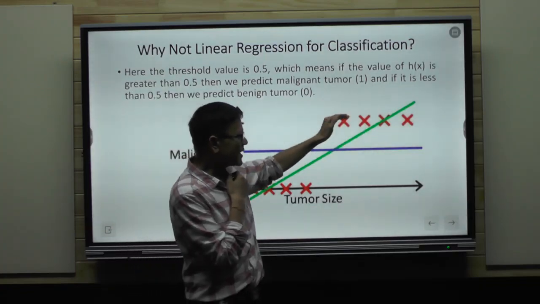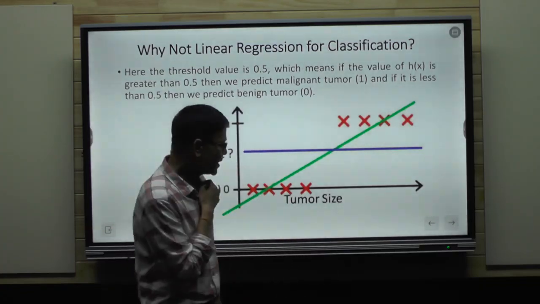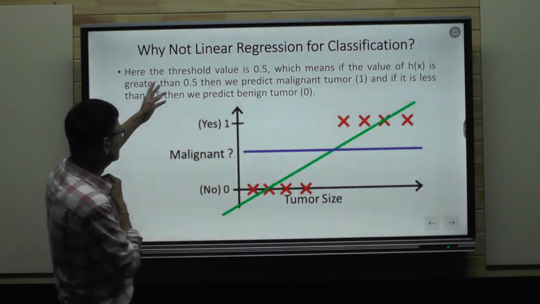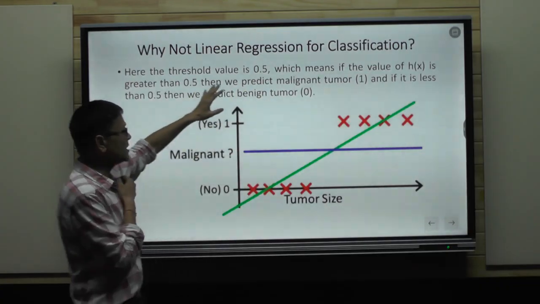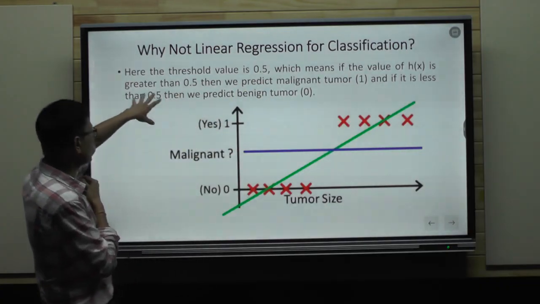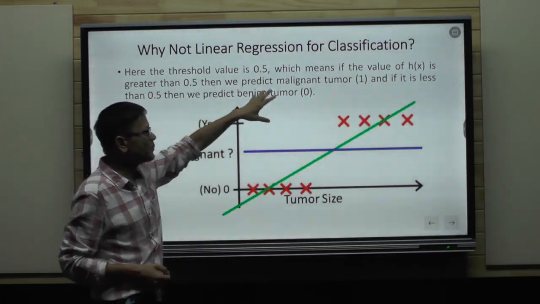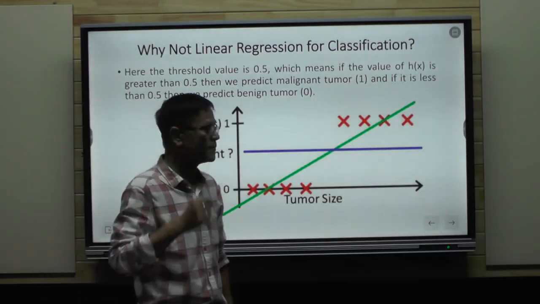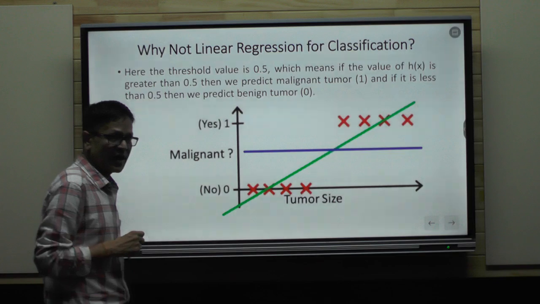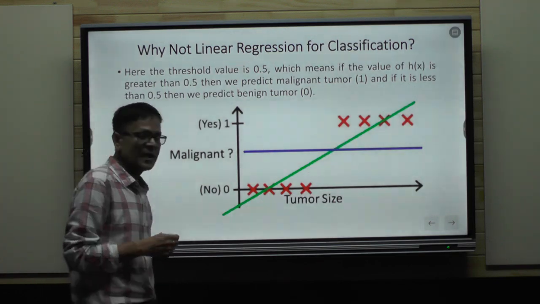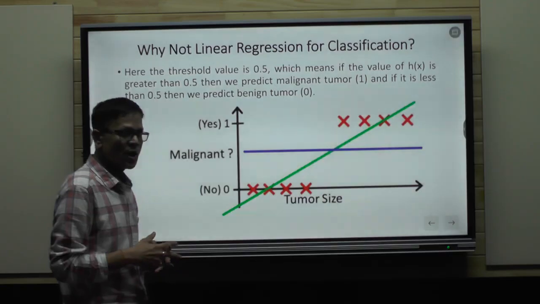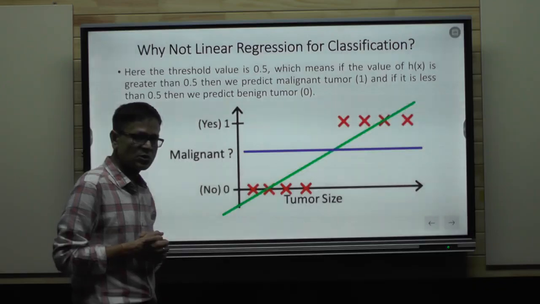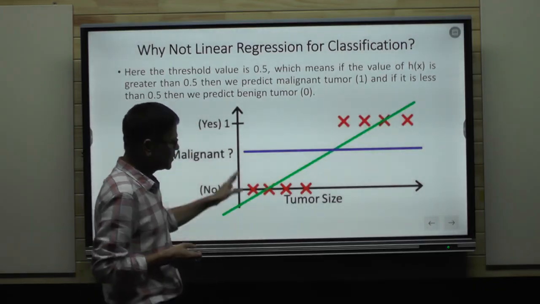Above that, you mark every point as X. In this particular graph, the threshold value is 0.5, which means if the value of h of x, that is a function, is greater than 0.5, then we predict a malignant tumor. Malignant tumor means 1. If it is less than 0.5, then we predict a benign tumor, that is, it is not a dangerous thing, not a fatal issue.